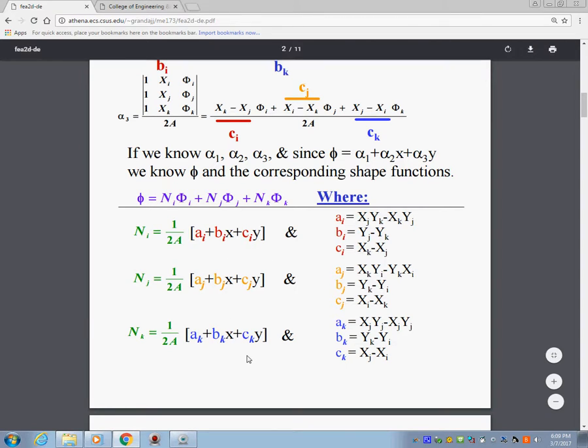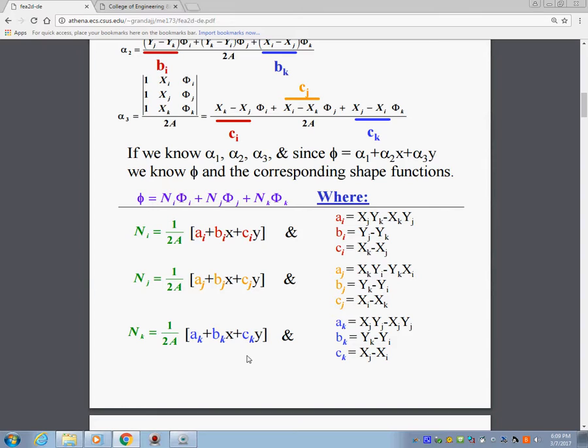So in 2 dimensions, what am I saying? In 2 dimensions, for i, j, and k, the shape functions are given by knowing the values of a sub i, b sub i, and c sub i, as well as a sub j, b sub j, and c sub j, and a sub k, b sub k, and c sub k.